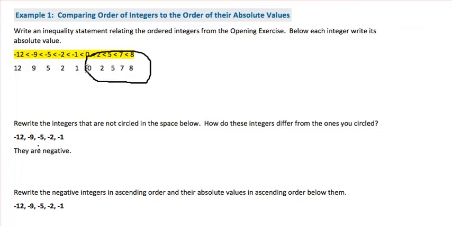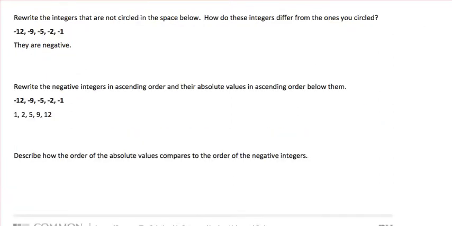The absolute values would be 1, 2, 5, 9, and 12. So if we're going to describe how the order of the absolute values compares to the order of the negative integers, we could say that the order of their absolute values is opposite.